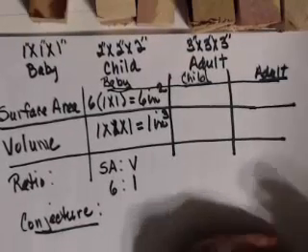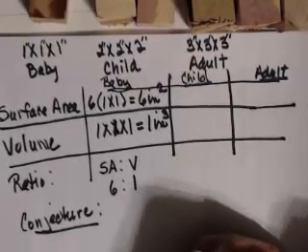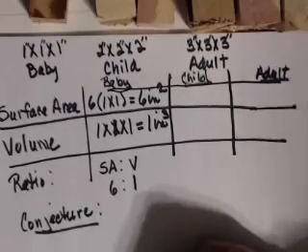Next, I want you to calculate your surface area and your volume. And I'm going to do an example that you can go by in order to get your answers.